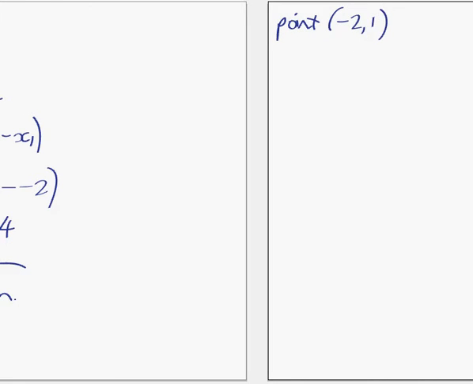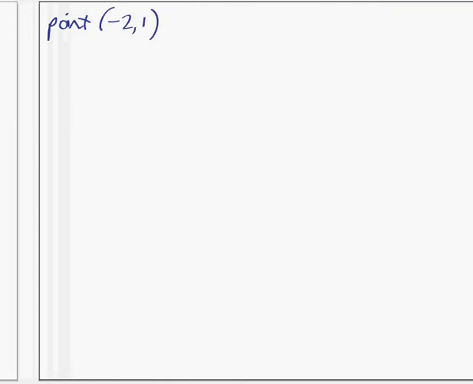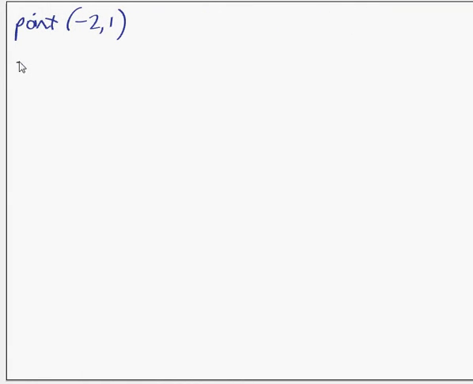The gradient of the normal is the negative reciprocal of the tangent. Gradient of the tangent was -2. So the gradient of the normal is half.